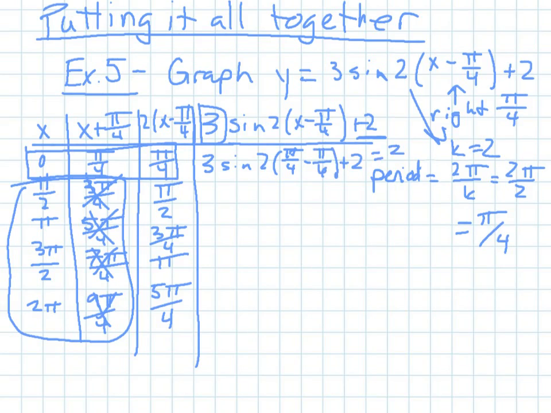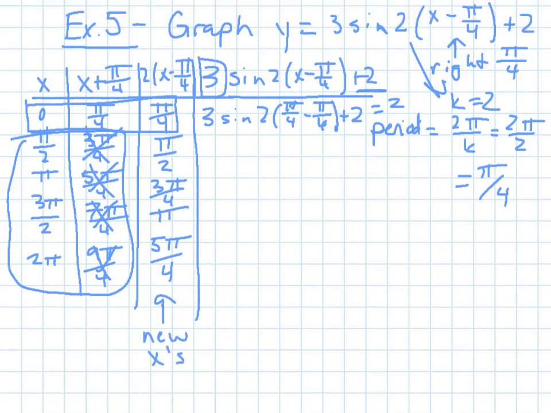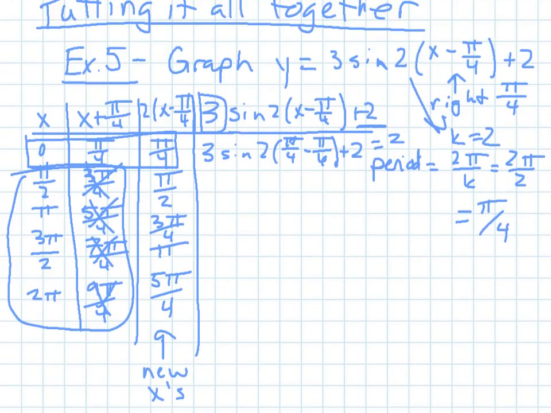Okay, so let's restate that these are my new x values that I'm going to use to graph. So then 3 sine of 2 times pi over 2 minus pi over 4 plus 2. So pi over 2 minus pi over 4 gives me pi over 4, times 2 is pi over 2.